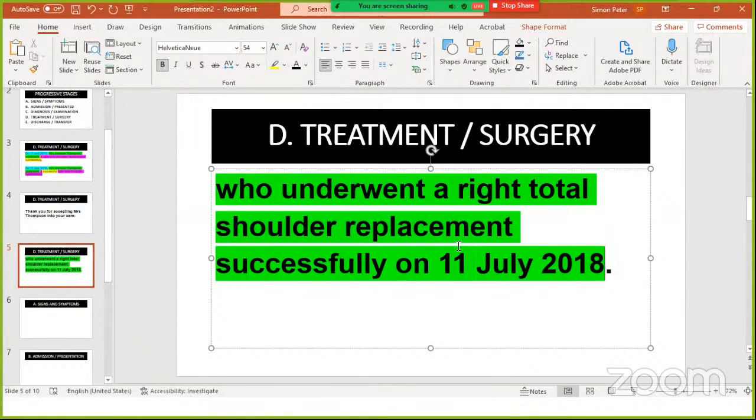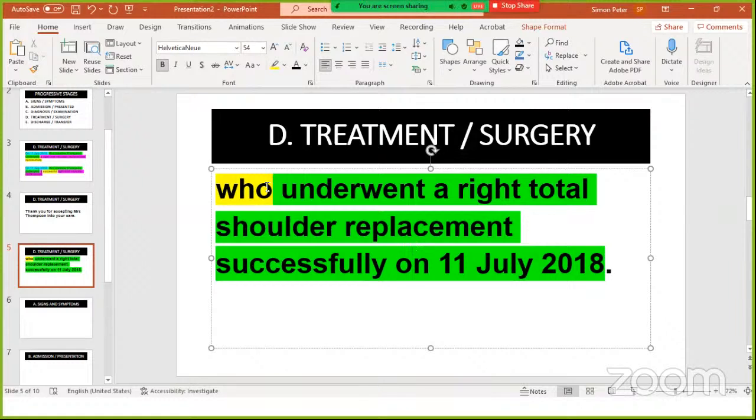So Miss Jasmine Thompson underwent. So in the place of who, you will put Miss Jasmine Thompson. So Miss Jasmine Thompson underwent a right total shoulder replacement successfully on 11 July 2018. So this is a perfect sentence.